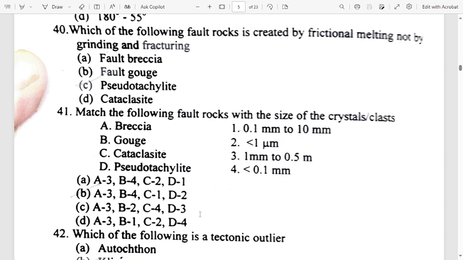Breccia is 1 millimeter to 0.5 meter. Then we have gouge, which is less than 0.1 millimeter. Cataclasite is 0.1 millimeter to 10 millimeter, and pseudotachylite is less than 1 micrometer.